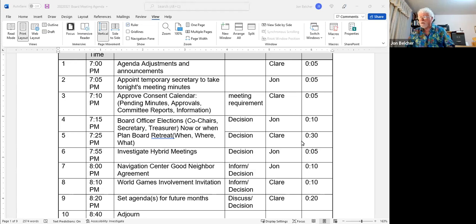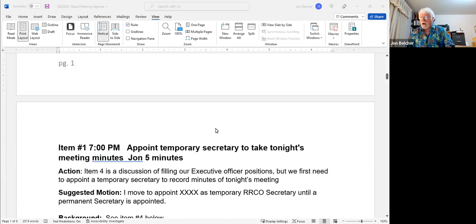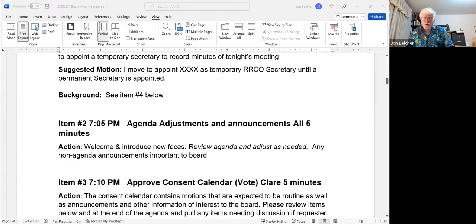Okay, item number 2, approve the consent calendar, and I'll bring the consent calendar up. I don't know if the rest of you have worked with consent calendars, but theoretically they are there so that if there are non-controversial issues that it's assumed we will agree to, motions are placed there and someone will move to approve the consent calendar, or if there's something in the consent calendar they feel requires discussion before approval, they can ask to remove it from the consent calendar.